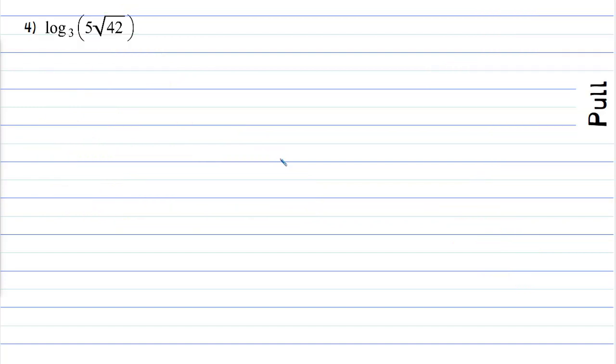We're going to do one more like that, and then we'll go ahead and let you work one. So we have to think about that 42, the same as we thought of the other one. So 42 is made up of 6 times 7, which is made up of 2 times 3 times 7.